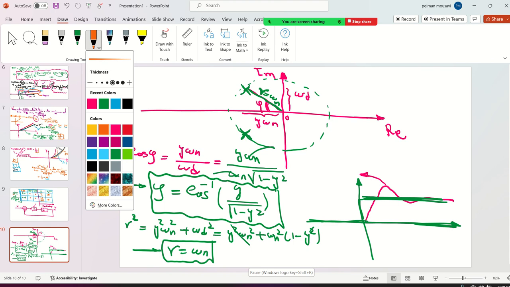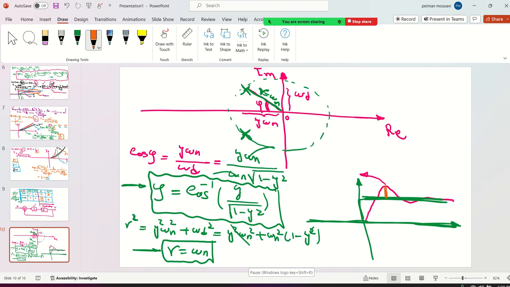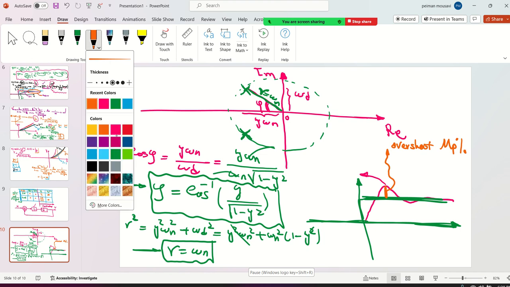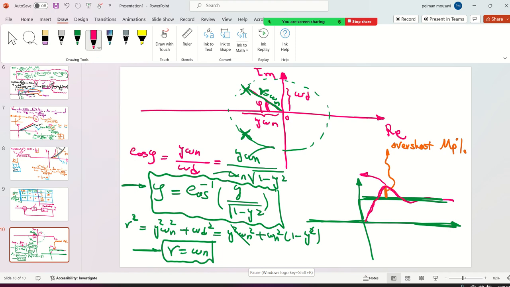Okay? We have many parameters. One of the parameters that I taught in the vibration, this is control class, what's the name of this? Overshoot, or maximum peak in percentage for underdamped system, because underdamped system has such an oscillating vanishing profile.